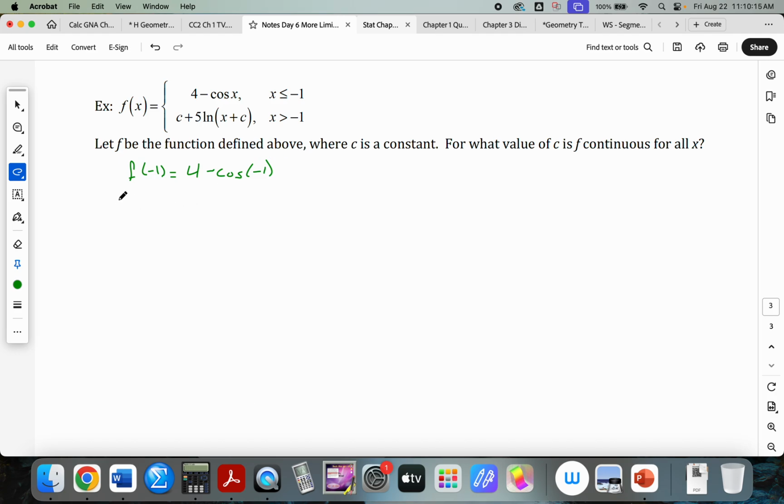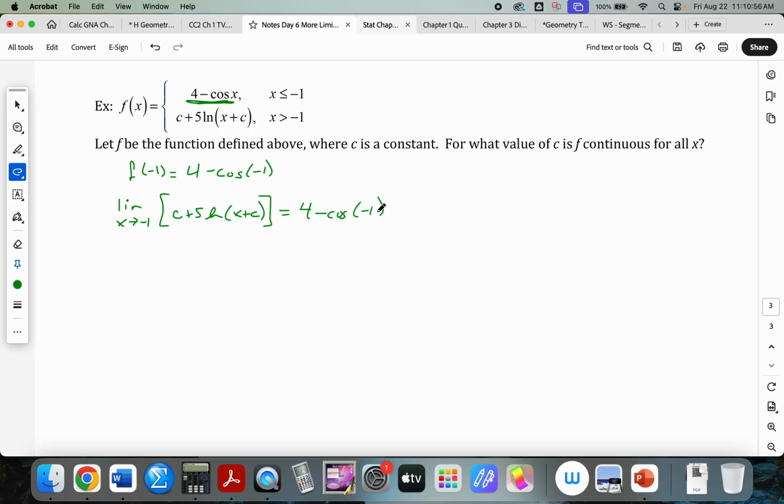So I'm going to look at what is the limit as x goes to -1 of, we know that this branch is going to match, right? It's this branch that may not. So of c plus 5 natural log of x plus c. And we want this to be equal to 4 minus cosine of -1.